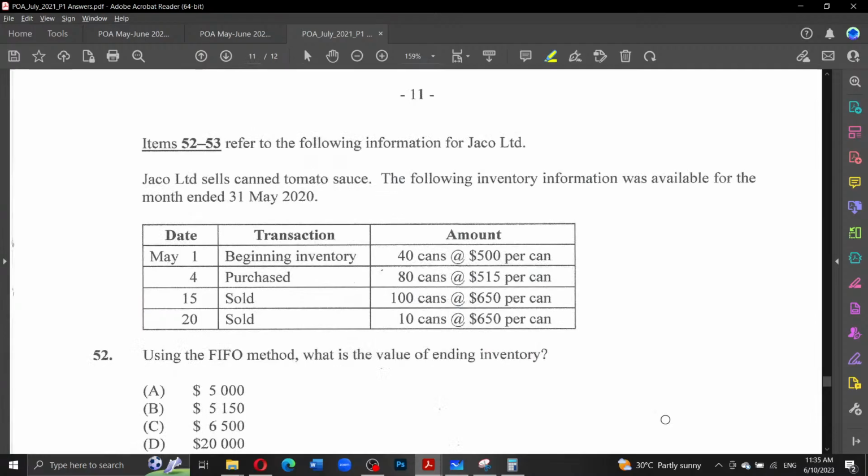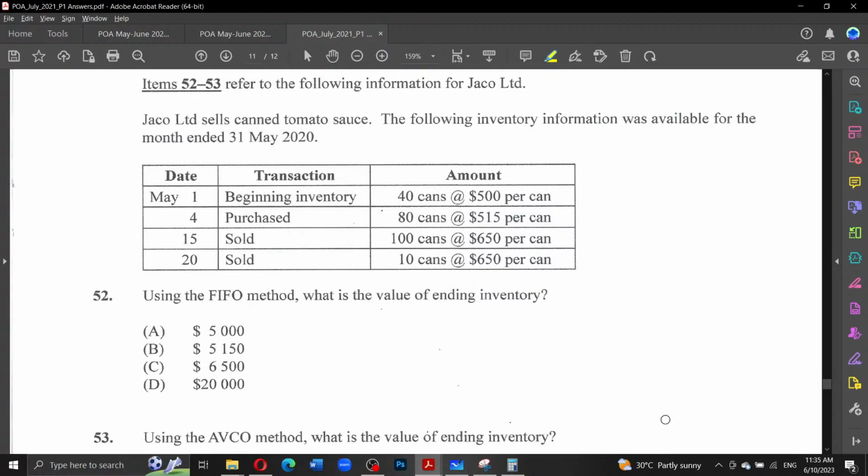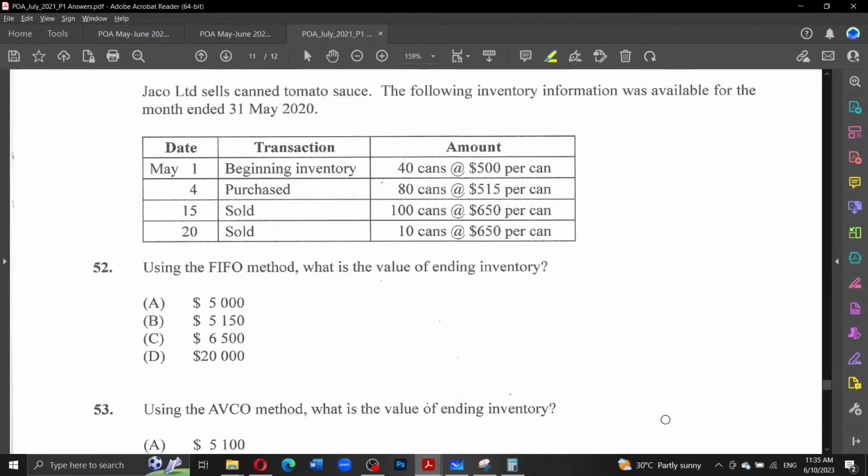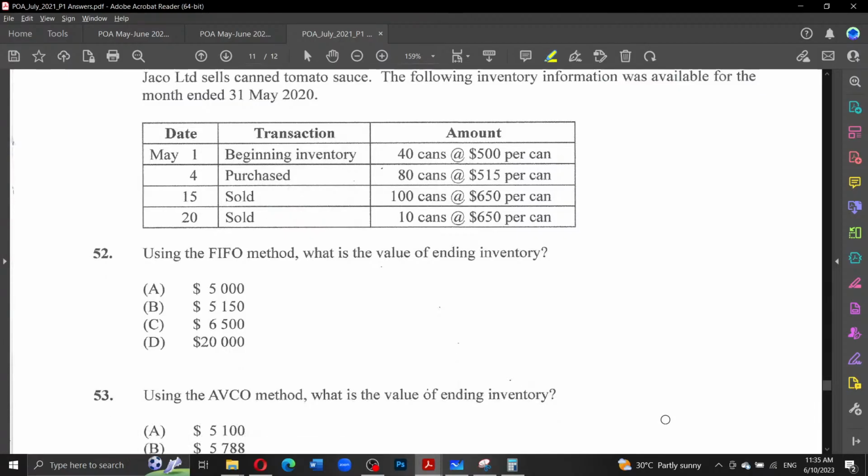52 to 53. Jekyll Limited sells tinned tomato juice. The following inventory information was available for the month ended 31st May 2020. Using FIFO, what is the value of the ending inventory?